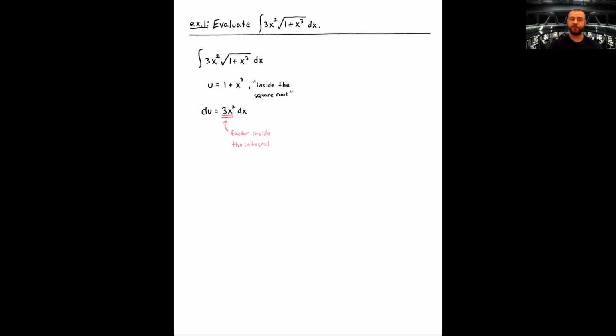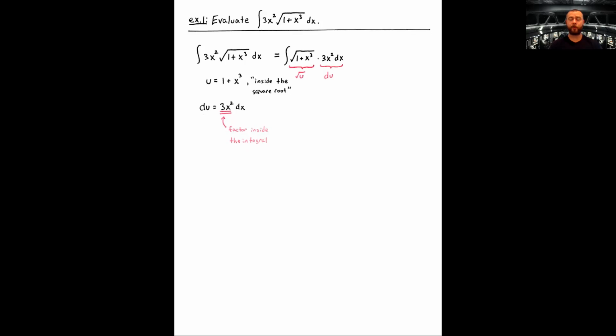All right, now how do we actually use u and the differential to convert to a simpler integral? Well, let me rearrange some factors. We'll switch the order of multiplication. I'm going to move the 3x squared factor to multiply dx at the end. And now it might be a little bit more apparent how we use these pieces, u and du, to convert.